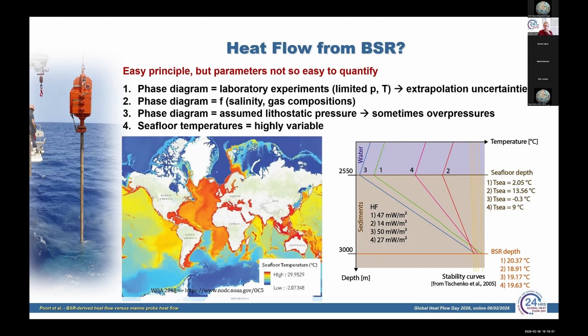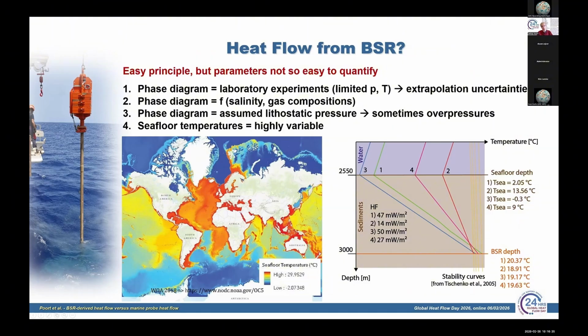So the fourth parameter is the seafloor temperature. Again, here is another map, now with the seafloor temperature. Globally, you see the high variability that exists. So if you only have seismic data and you don't have any information from CTD or from other sources about the temperature at the bottom of the sea, it's very difficult to define this parameter very accurately.